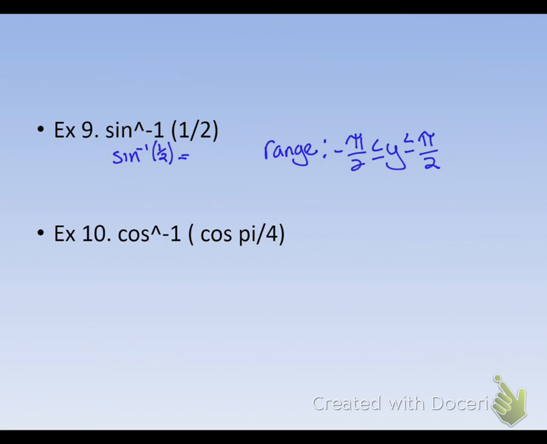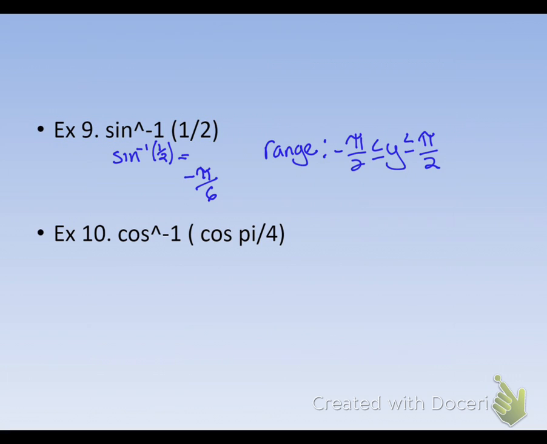So we see that that would be at that 330, but we don't write it that way because that's not technically in the domain. So the way we would write this would be negative pi over 6. So instead of writing it using the entire unit circle, we would do just the positive or negative values in reference to pi. Does that make sense?